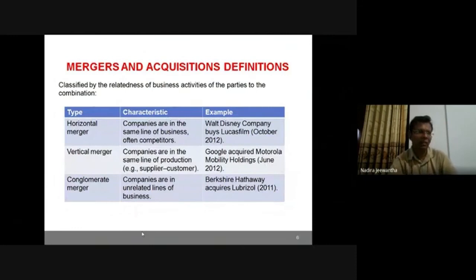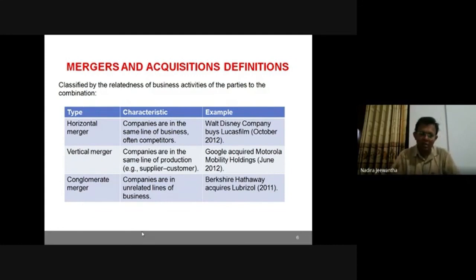Presently, Cargill has a separate set of customers and Arpico has a separate set of customers. So when you merge, the entire market share is with the one company. Otherwise the same market share is divided among these supermarkets.